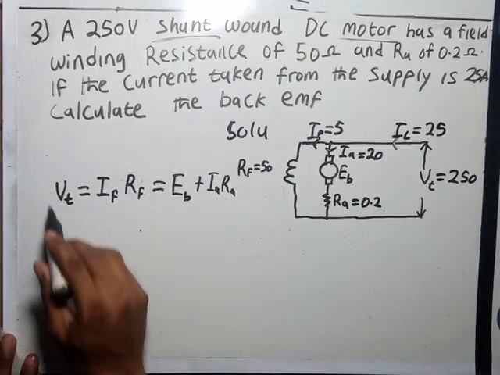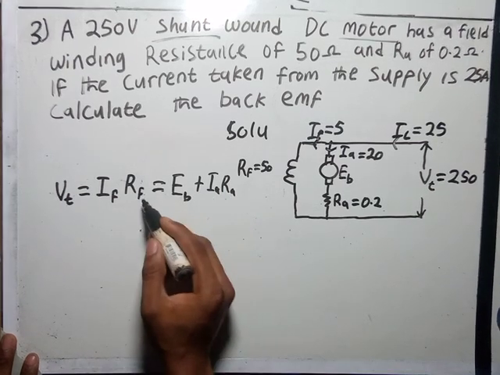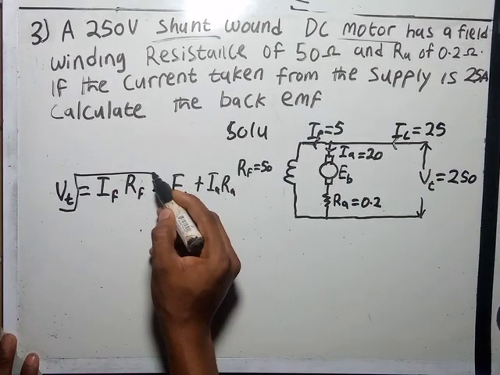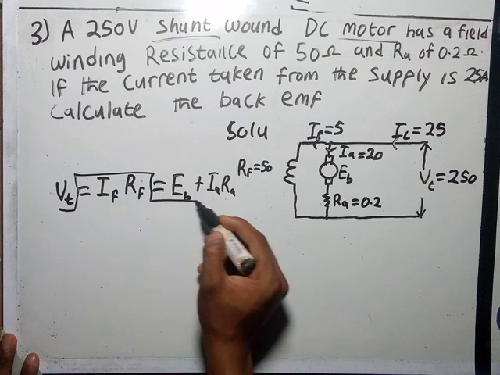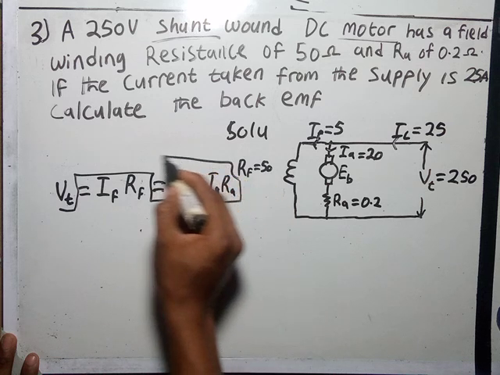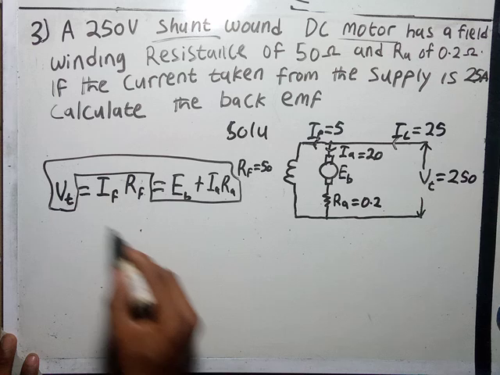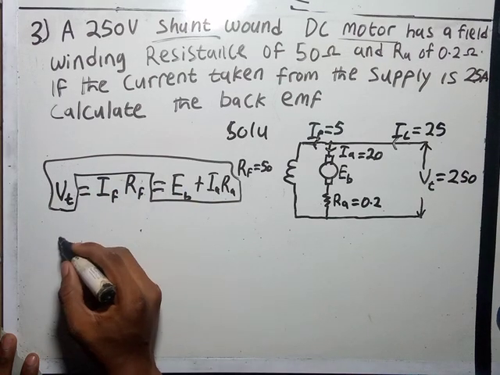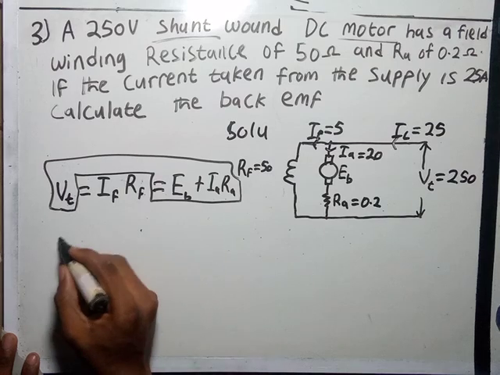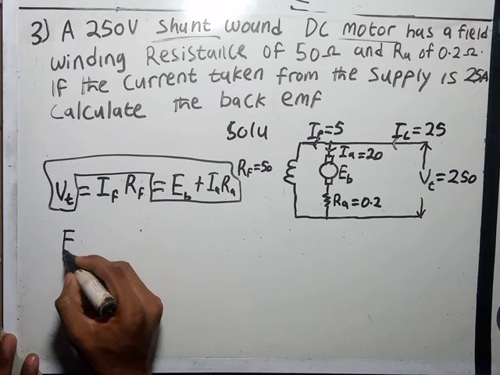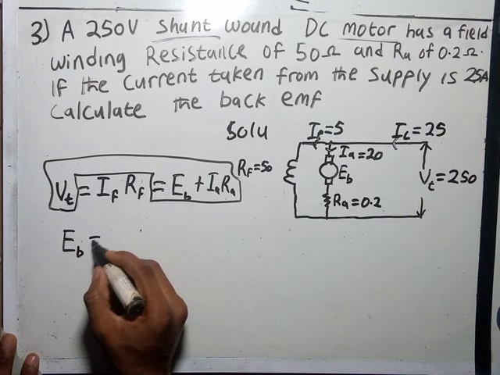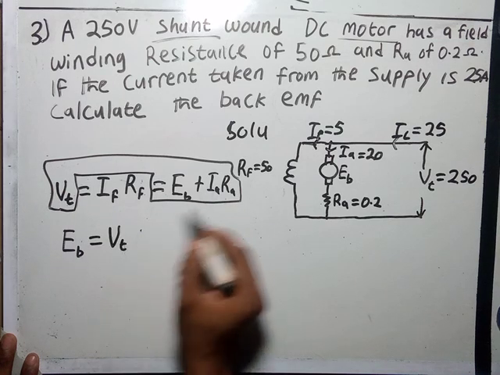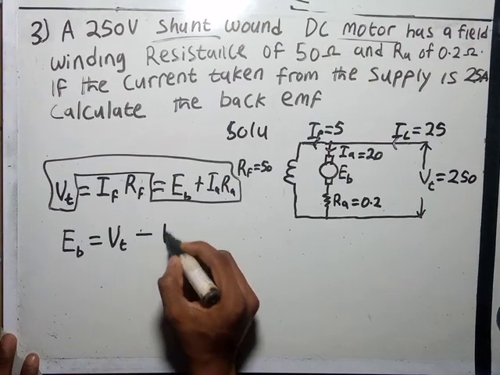I'll be choosing this portion of the formula. We are trying to make EB the subject. We have that EB is equal to VT minus IA times RA.